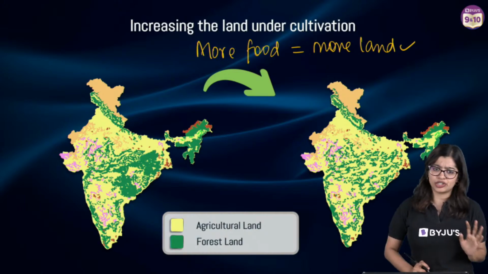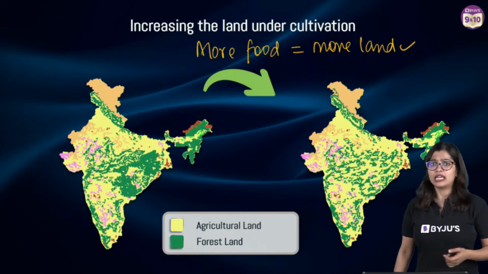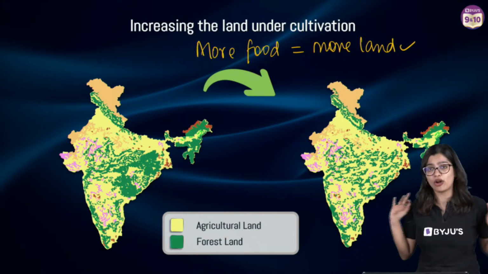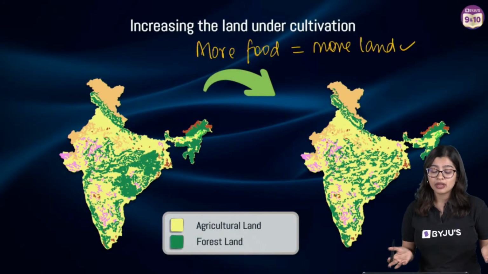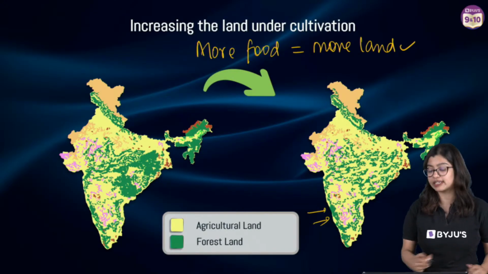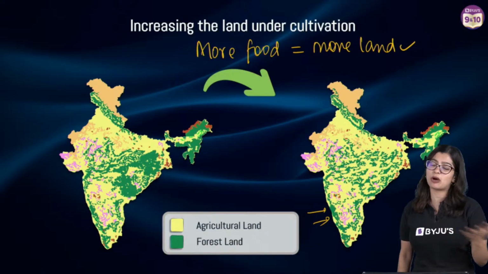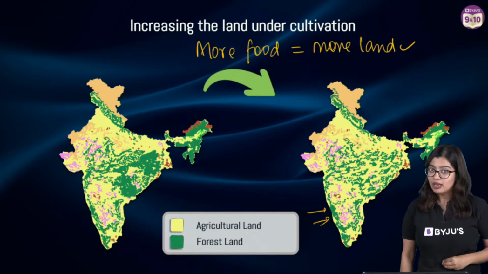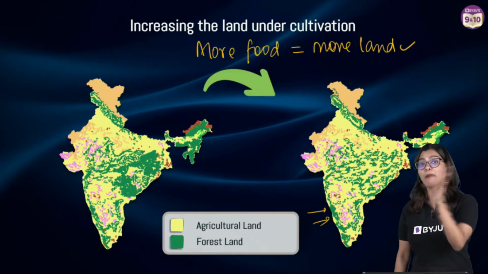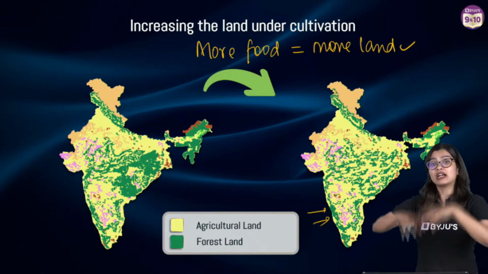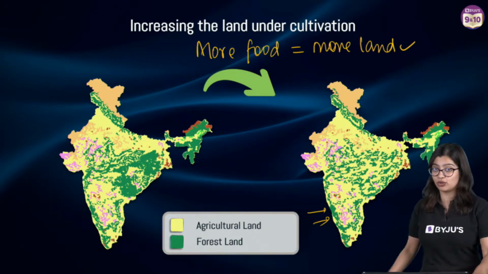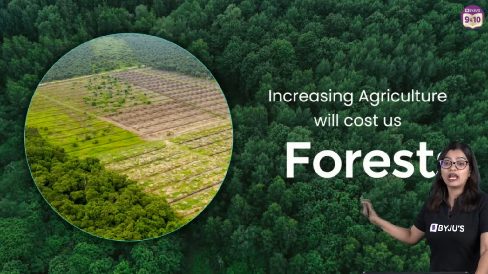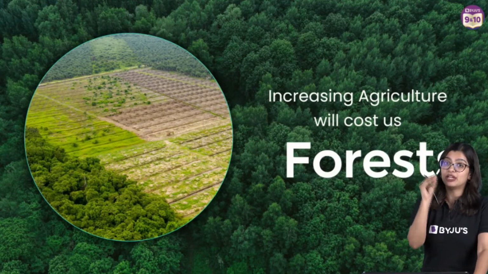Now, if I use that logic, let's take the example of our country. If I say, okay, I want more land, where am I going to get this land from? I have to go attack my forests, right? First of all, the forest population over a period of time has been coming down and down and down. Now at this point, if we end up cutting more trees, right? We clear out more of those forests, we will get a very big issue, right?